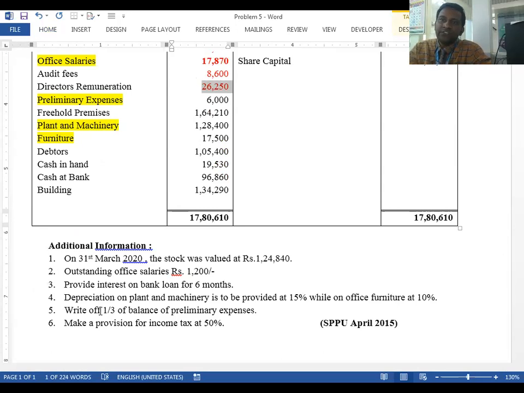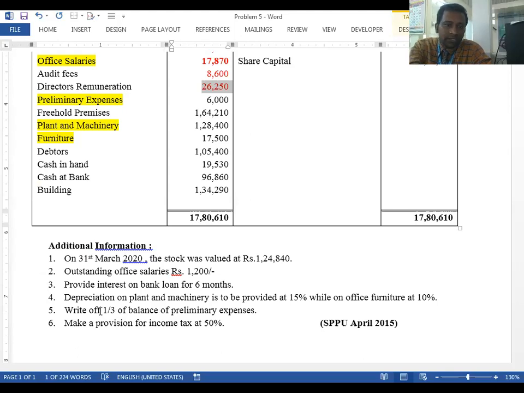Such expenses should not be assigned to one year, because the amount of such expenses is large, so it is spread over several years.